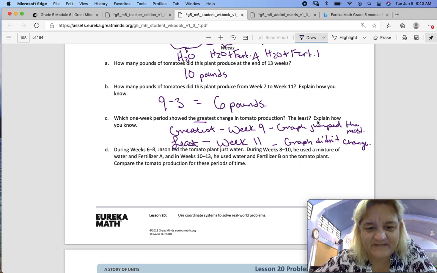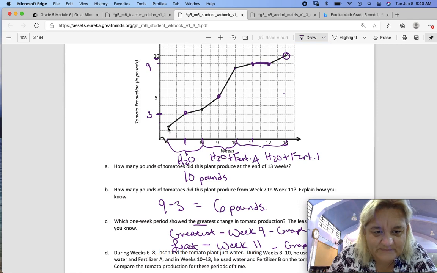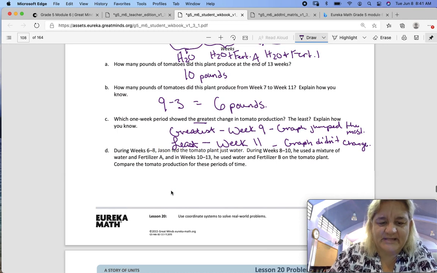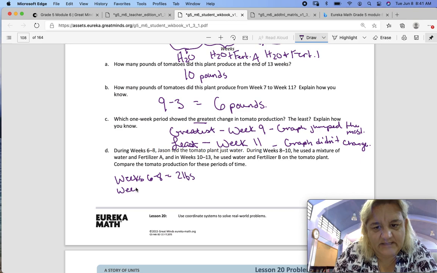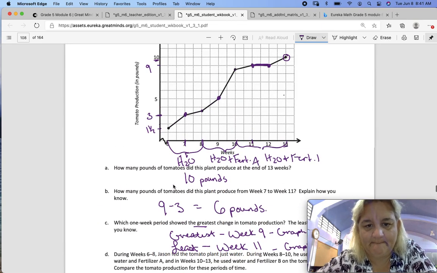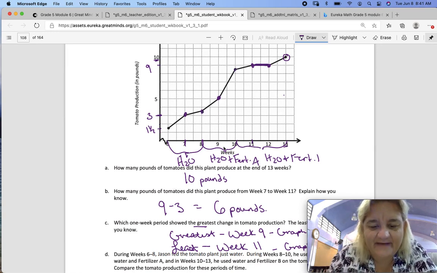Compare the tomato production of these periods of time. Well, from here we went about 1.5 pounds up to 3.5 pounds. So that was 2 pounds of production. Then weeks 8 through 10 had, let's see, 3.5 all the way up to 8.5.